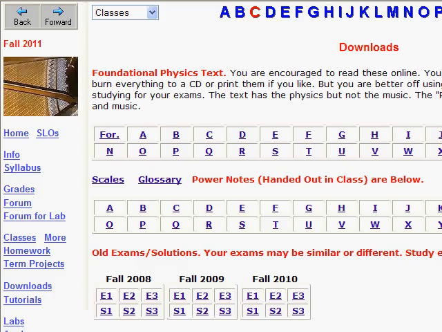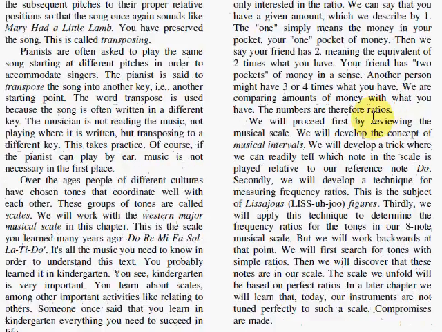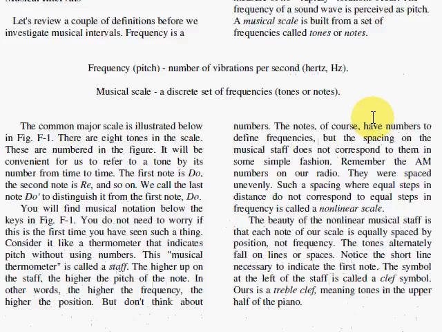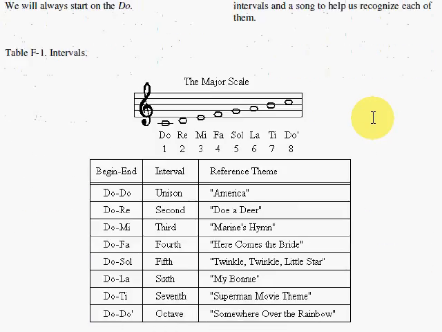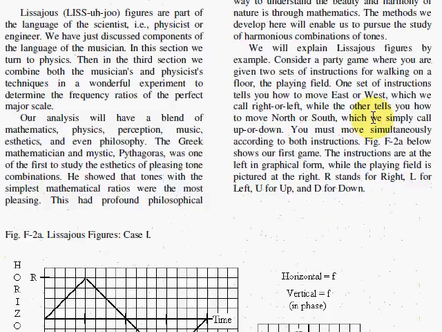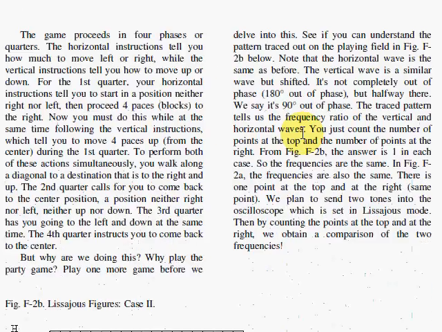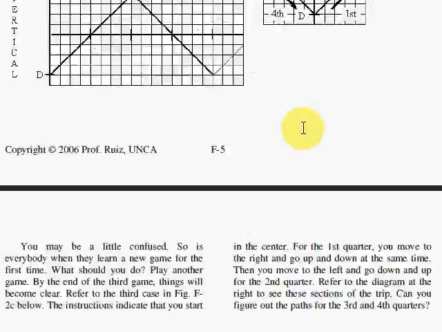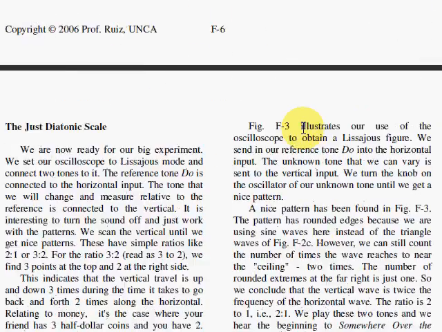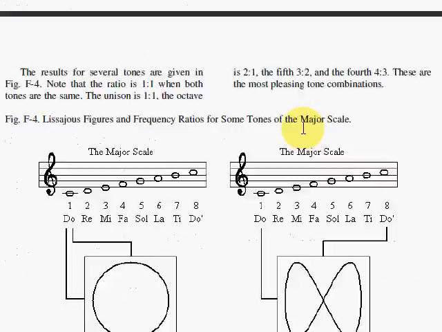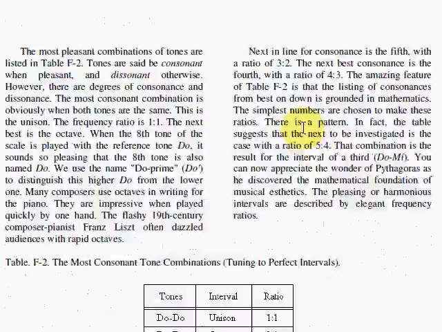So we're going to chapter F, and for chapter F, I see ratios, intervals are here, and you have Lissajous figures. We'll have a separate review on Lissajous figures for you and some other topics. But no formula that has letters that relates those letters.